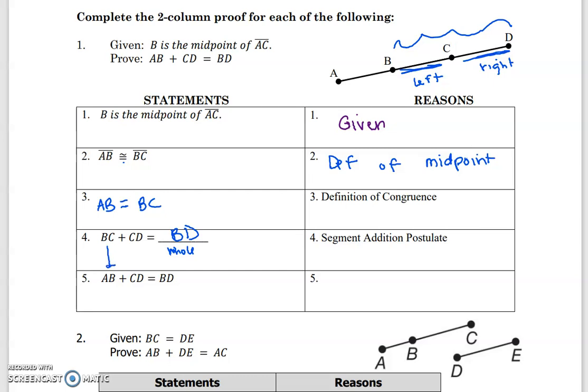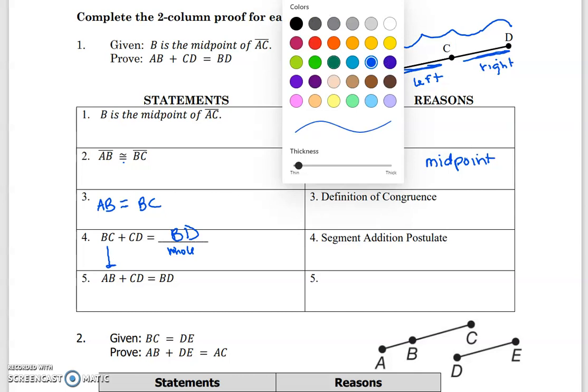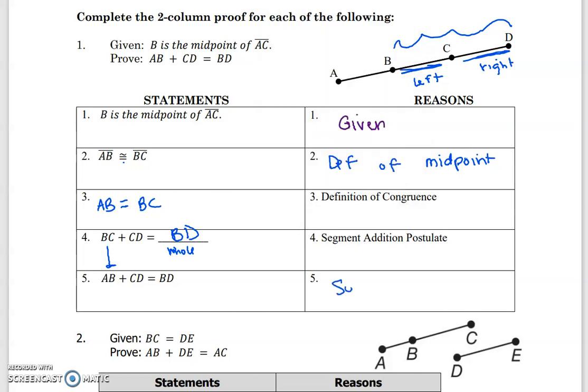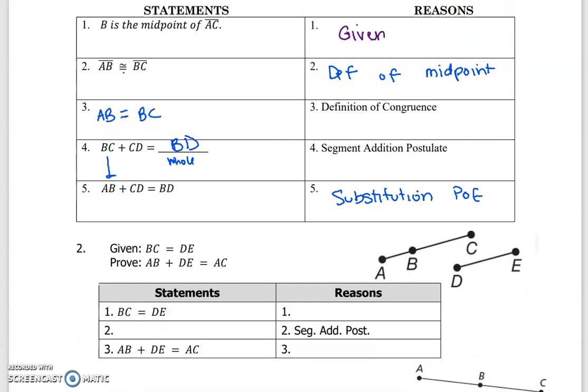It looks like this is the only thing that's changing. BC is changing to AB. Well, we know they're equal. So what is it called when I replace something with something equivalent? Substitution. Property of equality, or even just substitution is fine. All right, great job. First one's done.